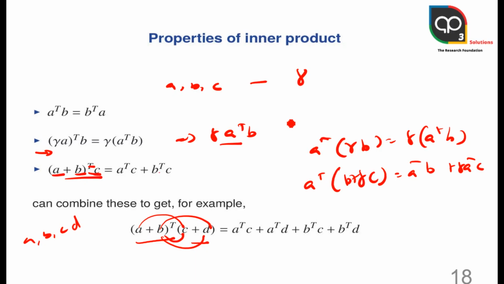Dear friends, note that on the left hand side, the two addition symbols refer to vector addition, whereas on the right hand side, the three addition symbols refer to scalar addition.